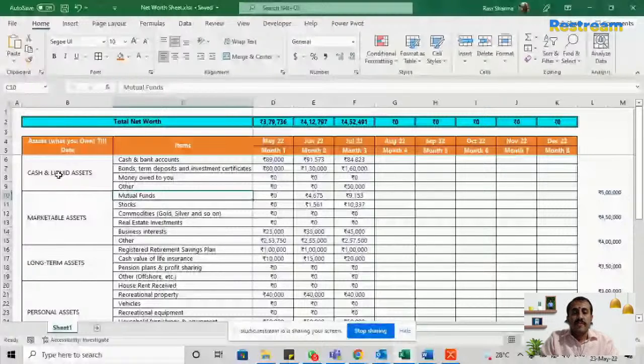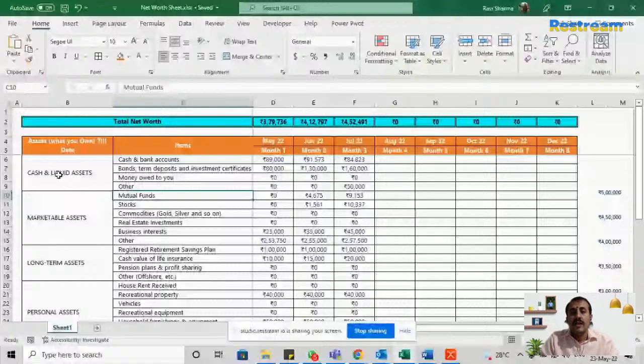If anyone asks me what is the ideal state of asset and liability proportion, it is 2:1. That means for every one liability, we need to have two assets.